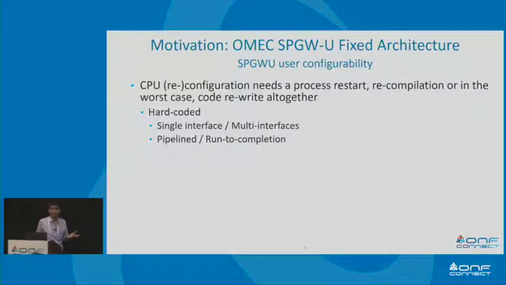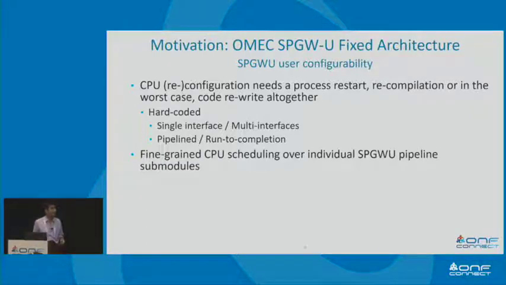The current version only provides run to completion mode. There's no flexibility with regards to changing the model itself. Moreover, if we want to do some fine-grained CPU scheduling for certain sub-modules in the SP Gateway user plane pipeline, it's very difficult. Probably one has to hack into the source code and rewrite some part of it.